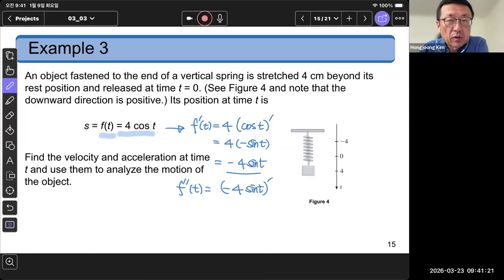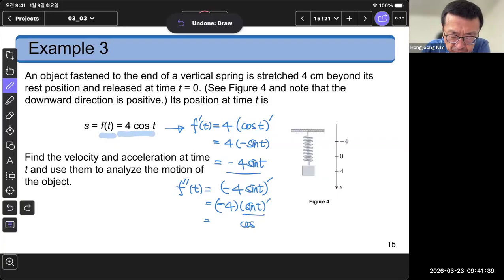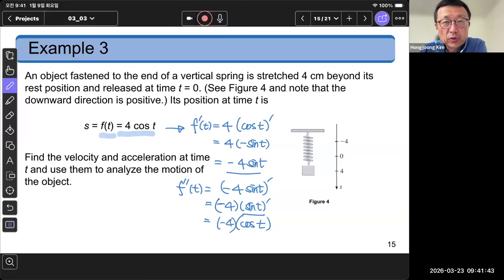And as I did above, you can multiply negative 4 once I complete the differentiation of the sine function. If I differentiate the sine function, the formula was cosine t. So if I multiply negative 4 to this, you get the second derivative. You can continue and find a third or fourth derivative if needed.